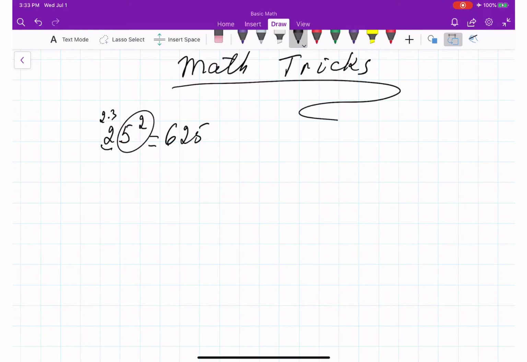Next, 35 squared. So 3, the next number is 4, 3 times 4. And 5 squared, 25. So 3 times 4 is 12 and 25. You don't believe me?